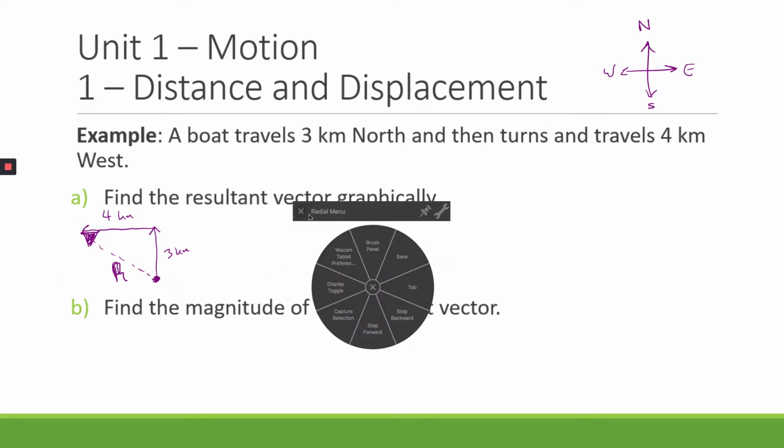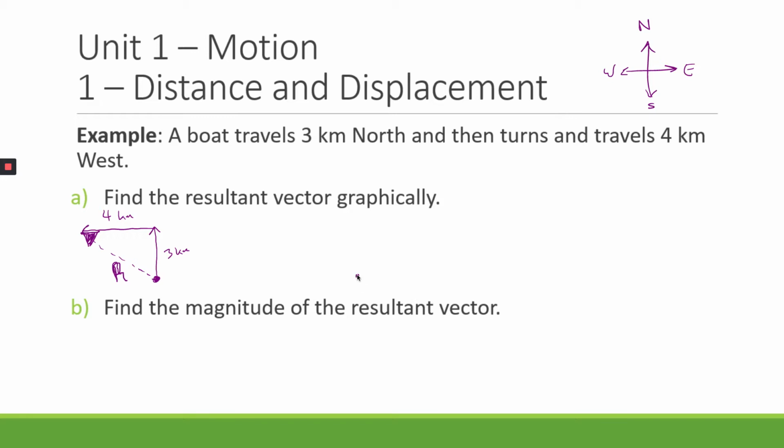So what if I start here, and instead of going 3 kilometers north first, I'm going to show 4 kilometers west. Then I add my second vector on, which is 3 kilometers north. Add in your resultant, which is from your start to your finish.